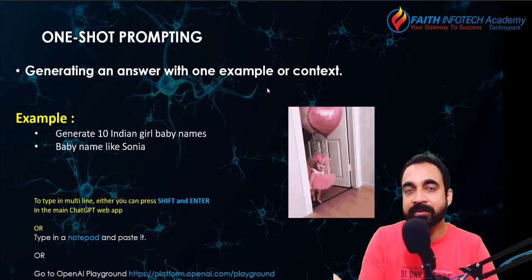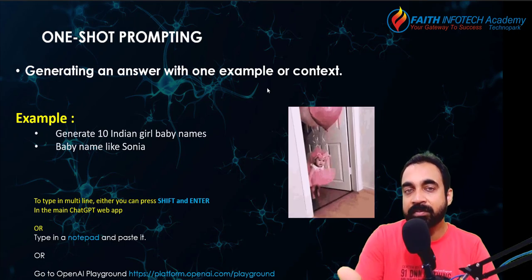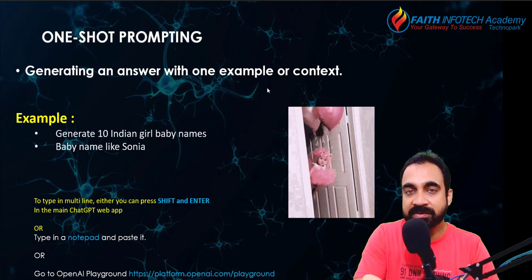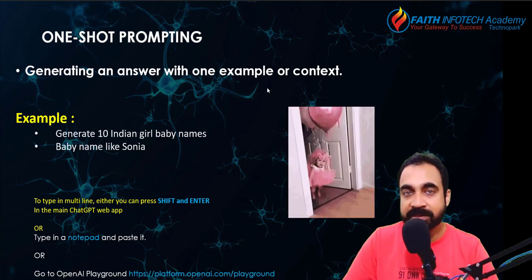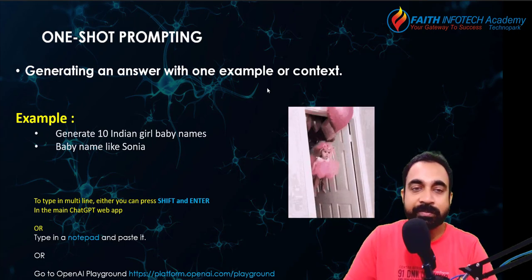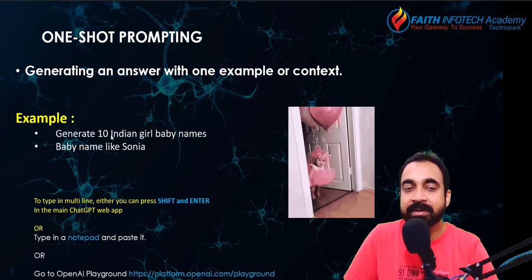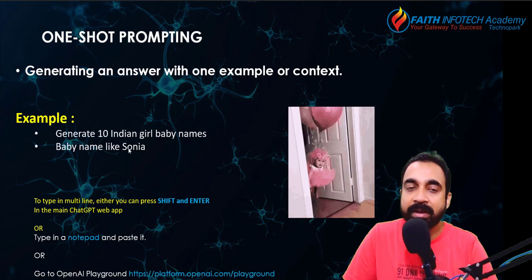We can have one-shot prompting, in which we are giving one example or context. The specialty of a large language model like ChatGPT is that it will remember the context of your previous instructions. That is, it will remember the entire sequence of conversation. Let's add one more shot to our zero-shot prompting. Here we are giving one more detail: generate 10 Indian girl baby names, and baby girl name like Sonia.